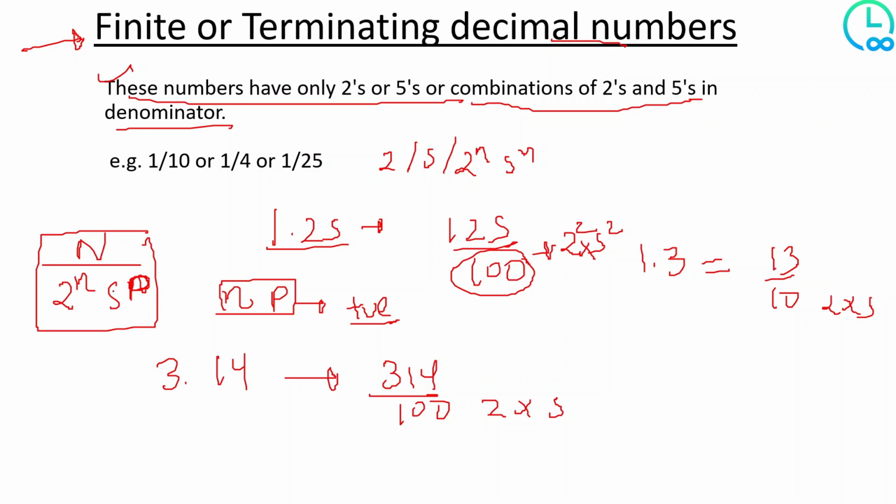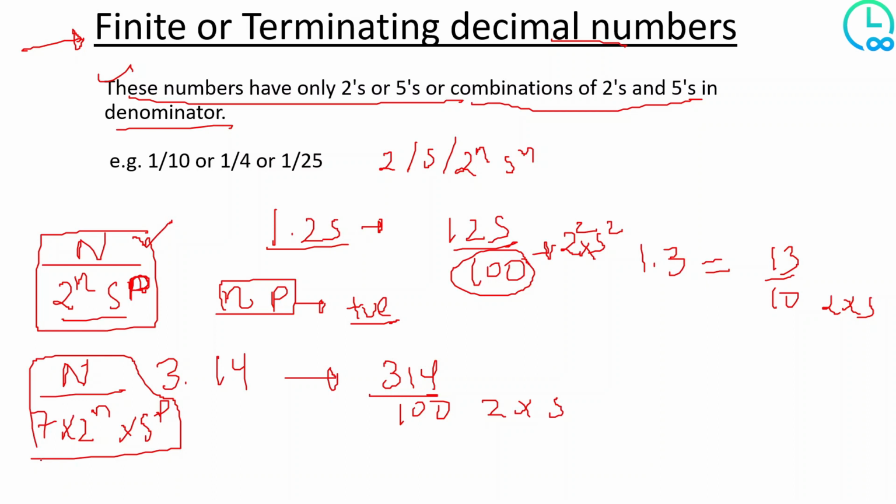Then this number is always going to be a terminating decimal number, because there is a combination of 2 or 5. If there is another number, like suppose this was 7 over 2 to the power n into 5 to the power p, then this number will not be a finite or terminating decimal number unless n is a multiple of 7.